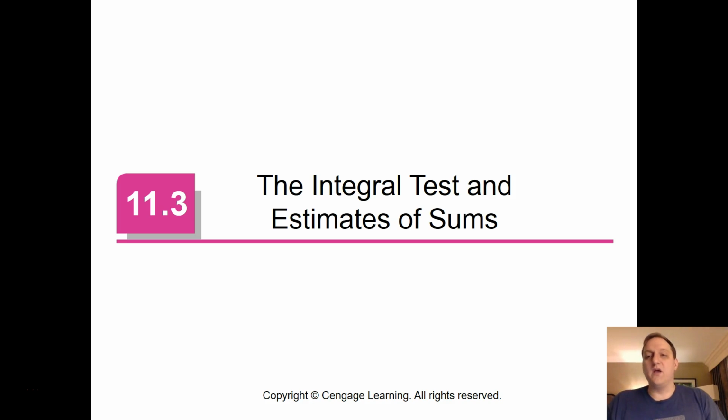All we'll be able to say is that it converges. We might be able to give a boundary on it, but we won't be able to say exactly what it converges to. This is the first of many tests. In fact, the next several chapters will all deal with various tests for convergence and divergence of infinite series.